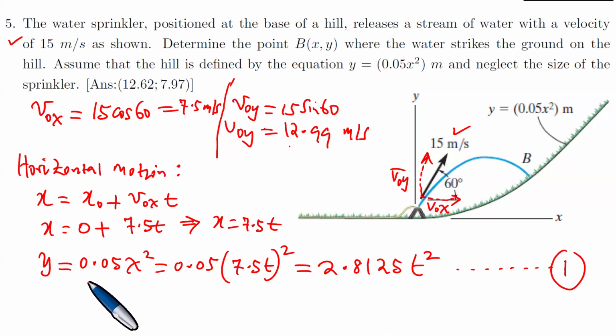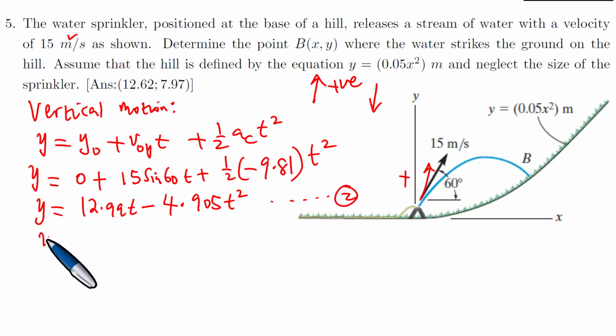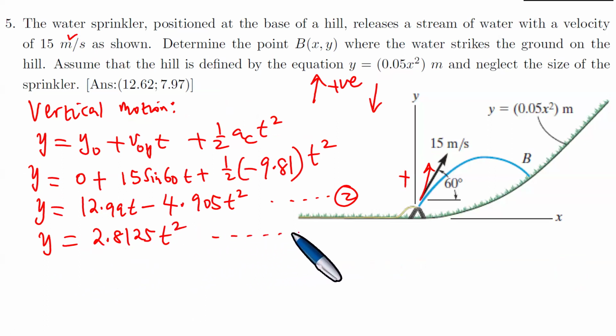So from equation 1, we know that y is 2.8125 t squared. We called this the first equation.